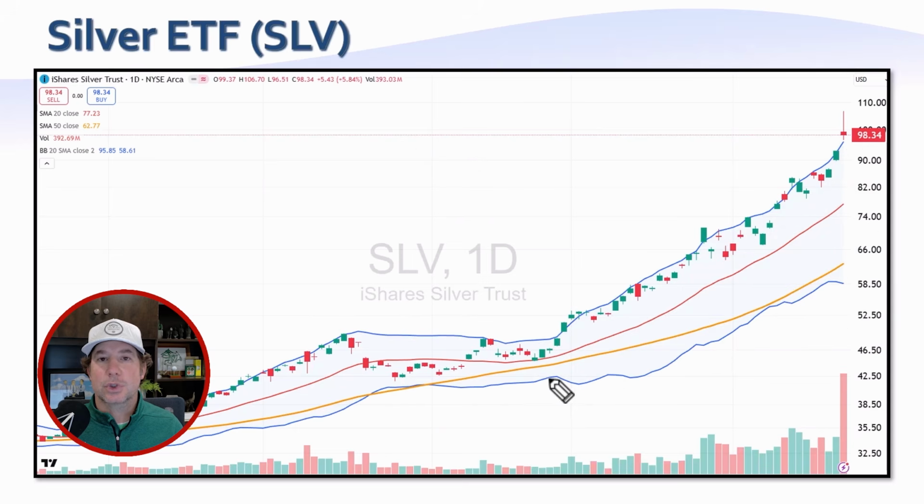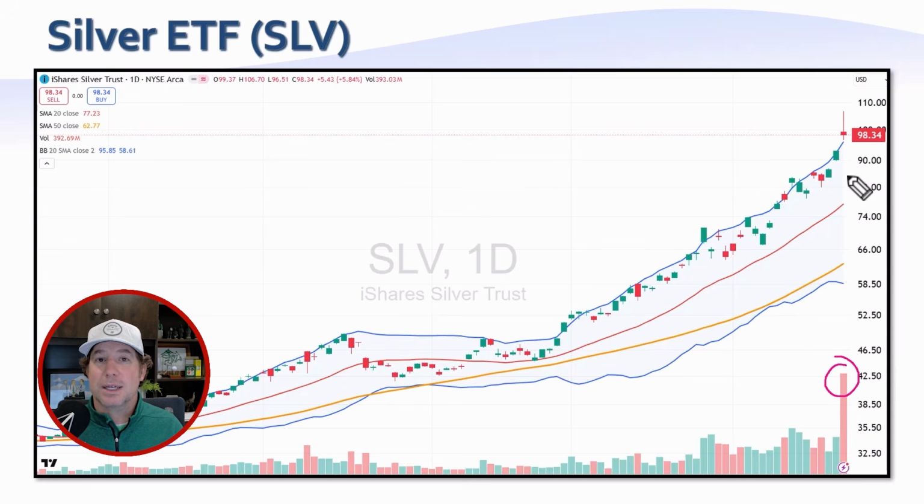We like to trade volatility to expand outward when these bands get really, really contracted. And we like to bet on volatility contracting when they're spread out a massive amount. At this point, the volatility in silver is such, and I'm willing to stake the claim. You see today's huge volume day.